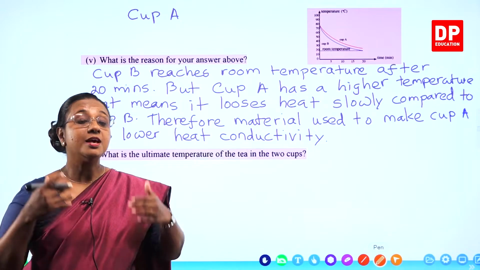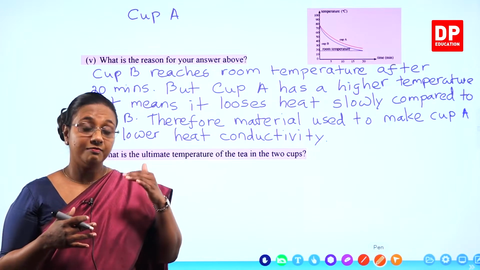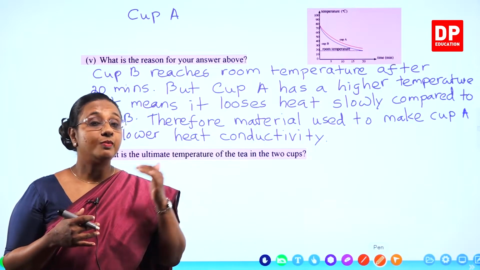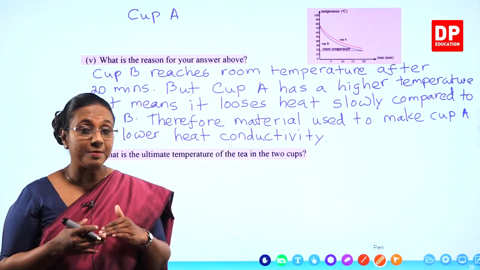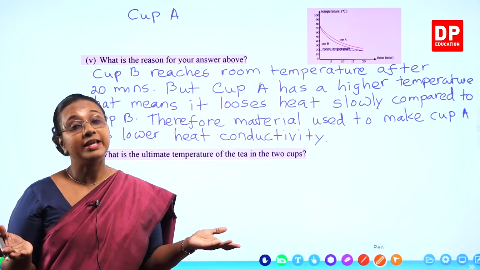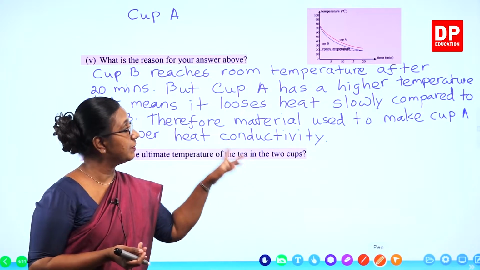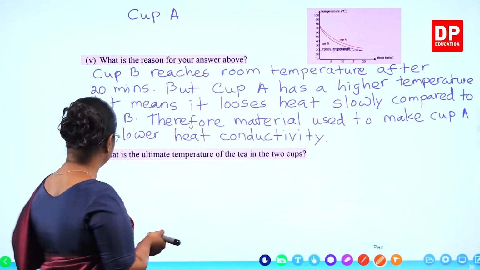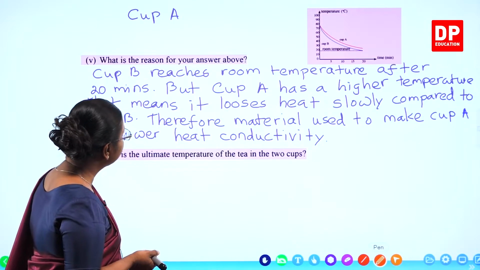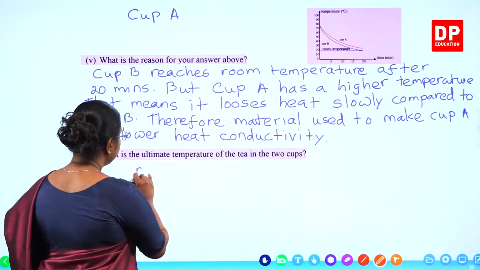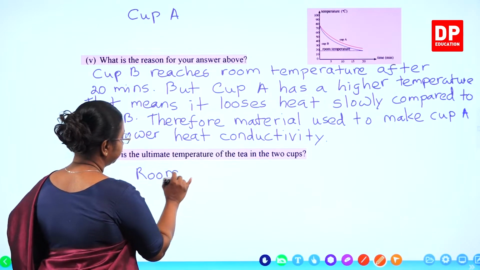So from the tea, when it is at a high temperature, heat is lost to the environment. Once the tea reaches the room temperature, there will be no heat loss to the environment. So what will be the final temperature? It will be the room temperature. We will write it as room temperature.